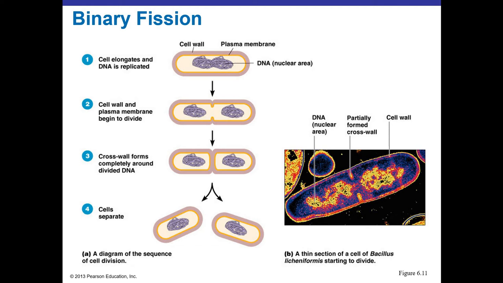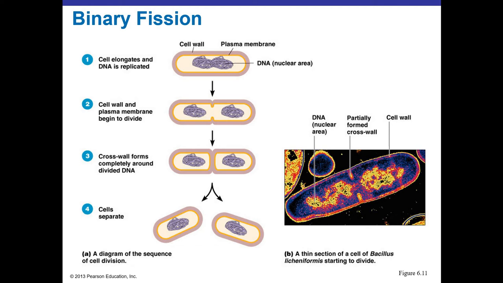That cross wall forms, and you start to see the peptidoglycan being laid down between the two new cells, and then eventually those separate. Remember, not everything separates, so sometimes things may stay in chains or clusters, as we saw in our bacterial arrangement in Chapter 4, but we're definitely making two new daughter cells.